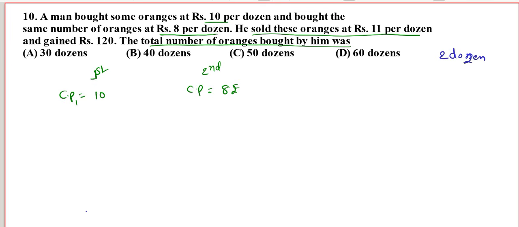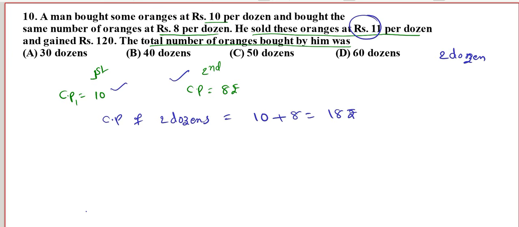So that means 1 dozen from the first type and 1 dozen from the second type. So the cost price of 2 dozens is: first type 10 rupees, second type 8 rupees, total 18 rupees. What is the selling price of 1 dozen? 1 dozen selling price is 11 rupees.